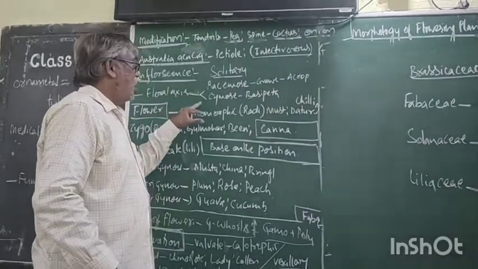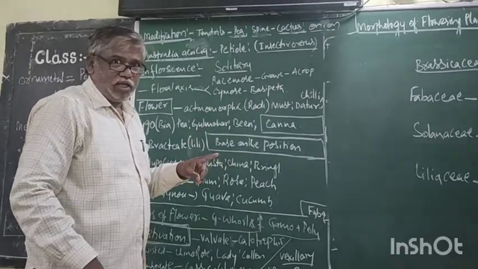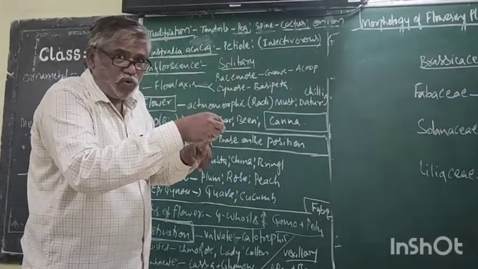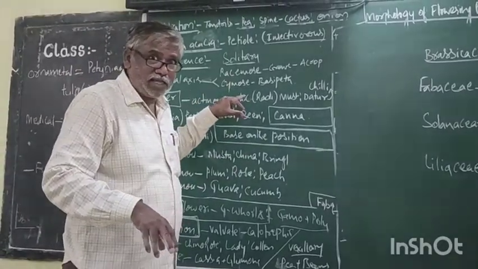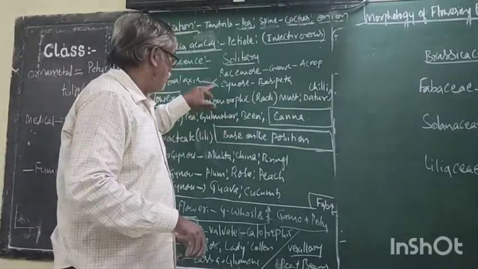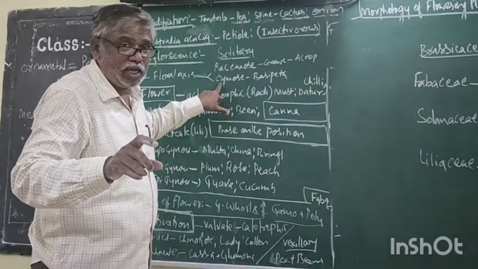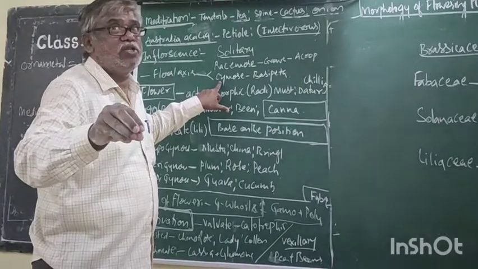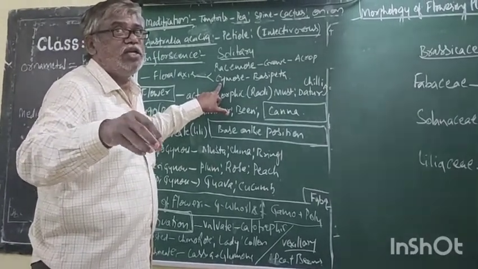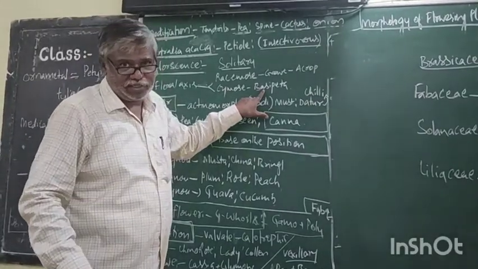Now come to cymose. The end of the inflorescence terminates as a flower. That means in cymose, the growth of the floral axis is limited, because after some time it ends with a flower, in a basipetalous manner.